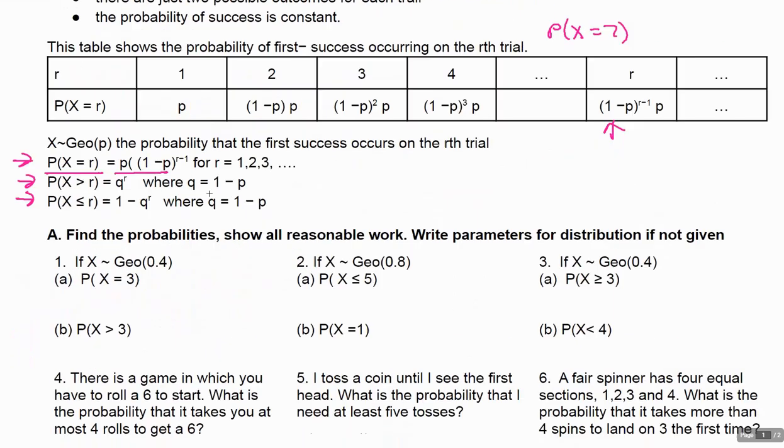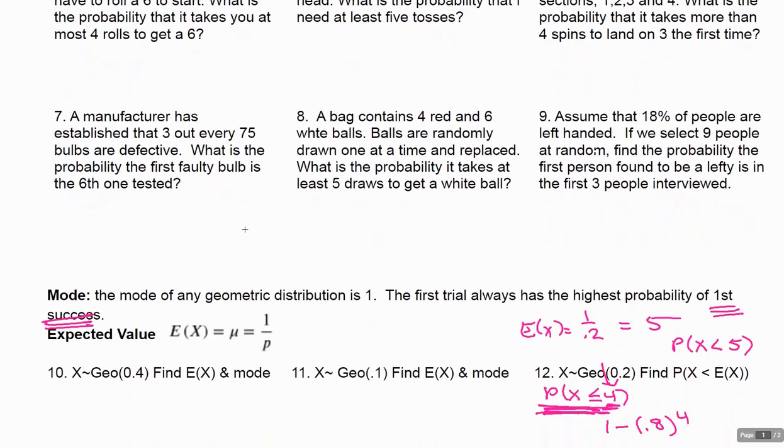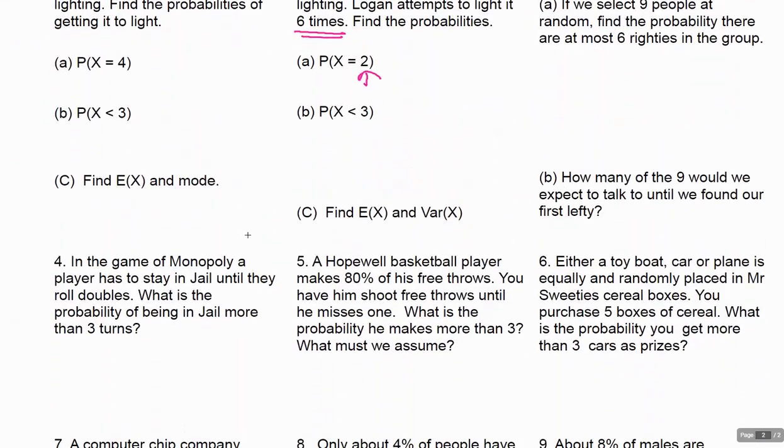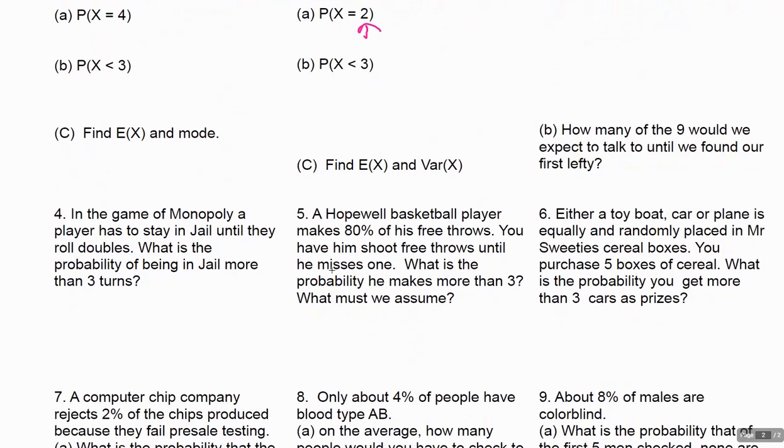For example here, he shoots foul shots, and they tell him to shoot until he misses one. So in this case, what am I focused on? The missing, so it's 20%. Exactly.